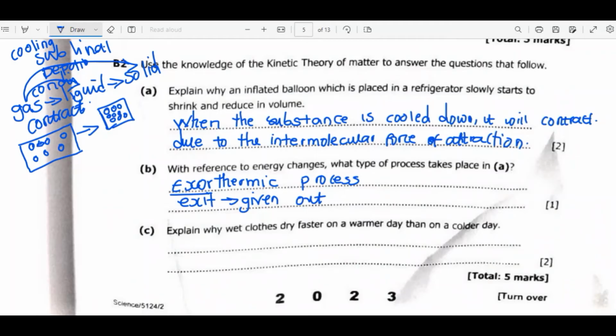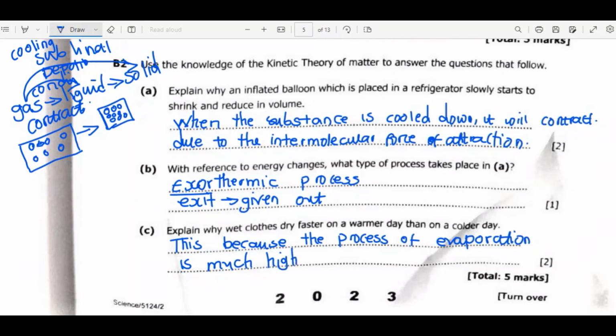Explain why wet clothes dry faster on a warmer day than on a colder day. So this is because the process of evaporation is much higher on a warmer day than a colder day.